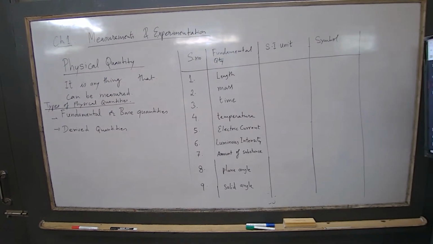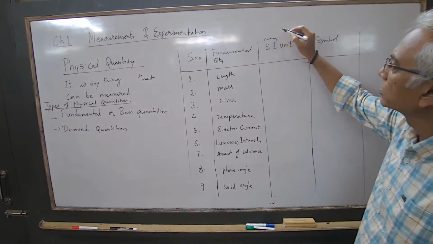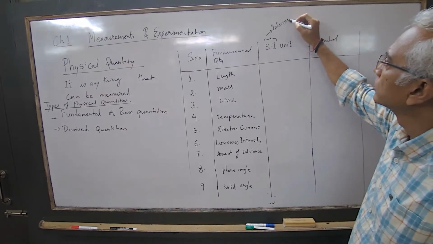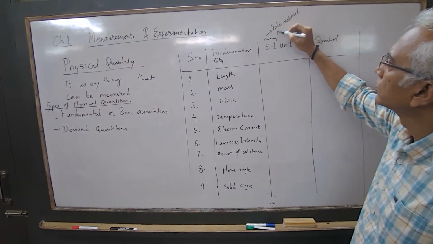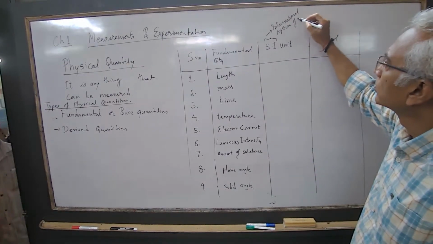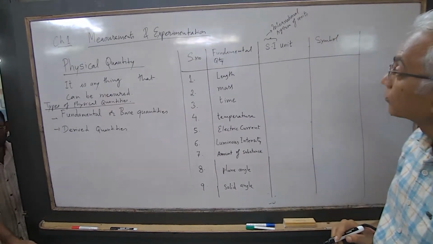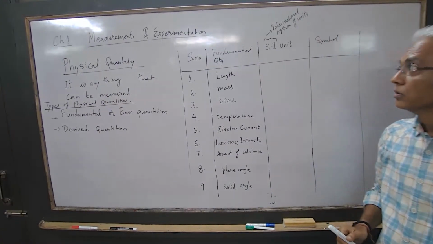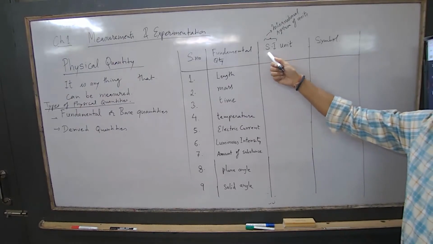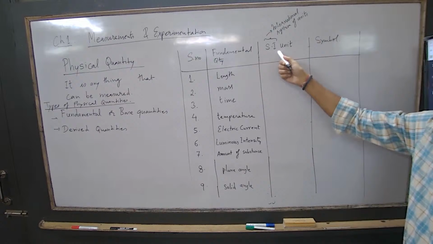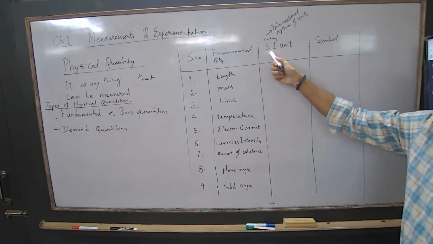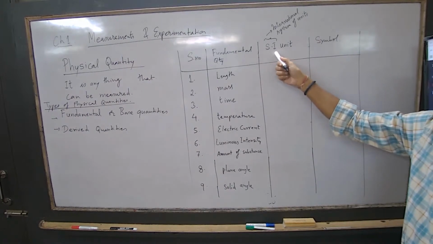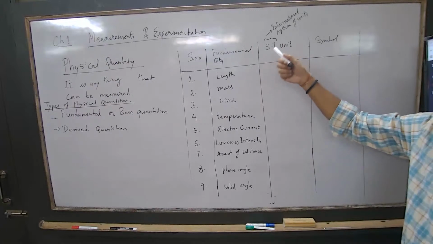SI stands for International System of Units in English, whereas SI is the acronym from the French, Système International.